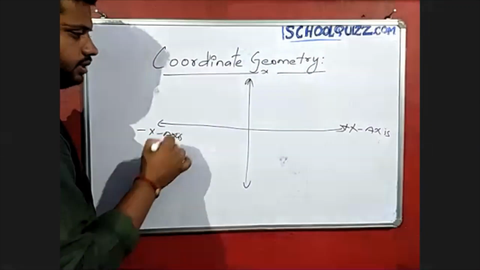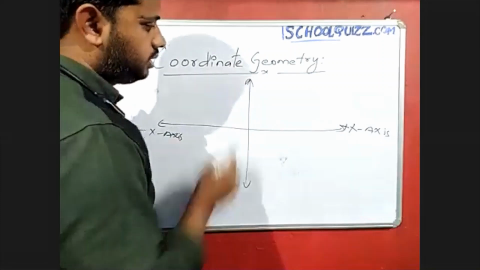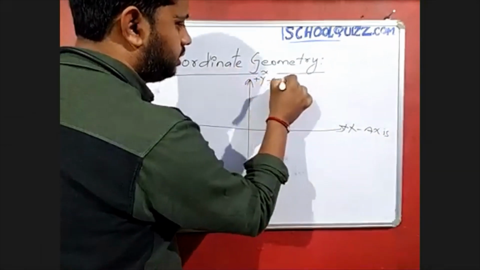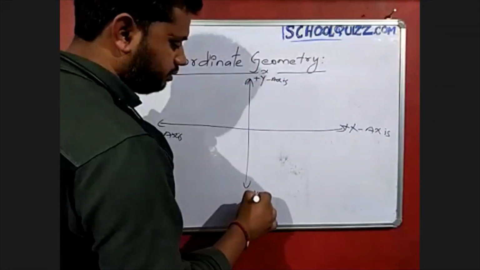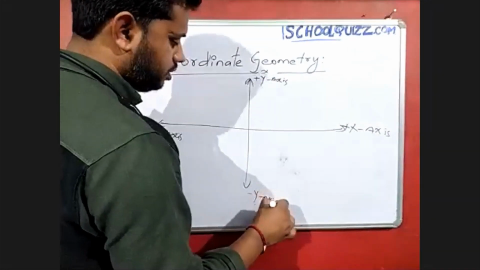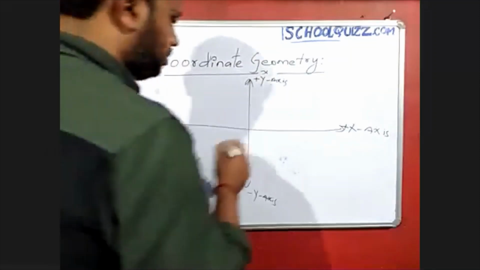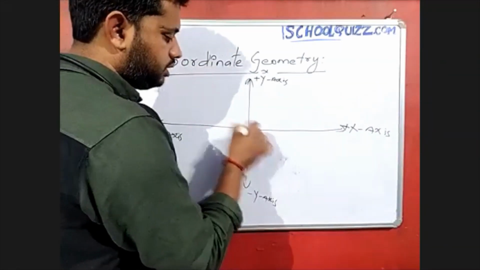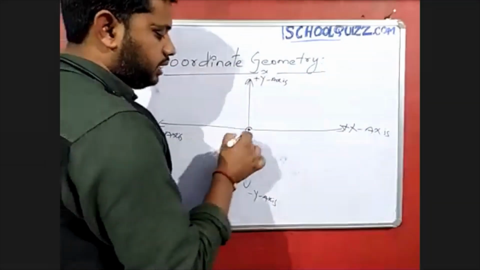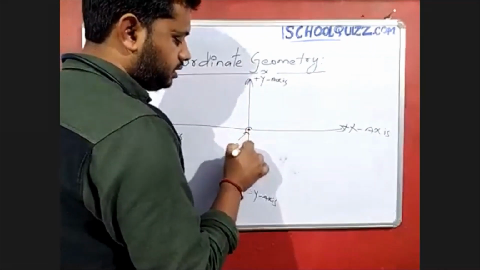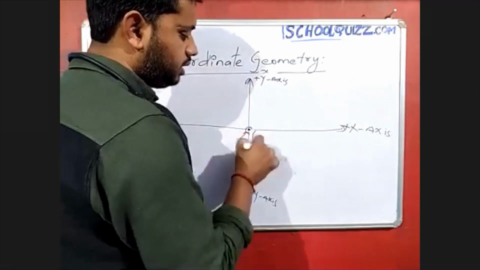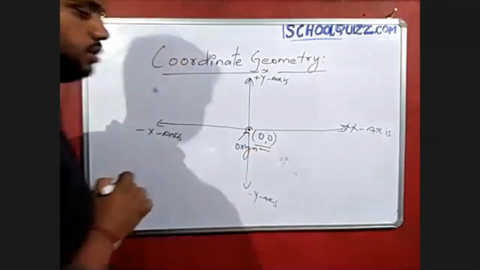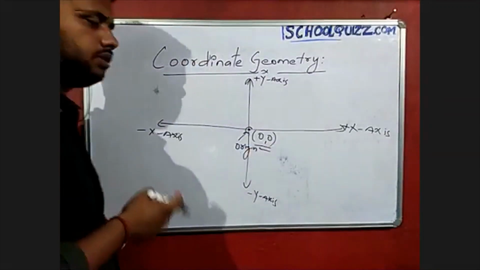The vertical line's upward part is the positive y-axis and the downward part is the negative y-axis. When the two lines intersect each other, that point is called the origin, and we name the origin as 0, 0. That is how we represent a coordinate.